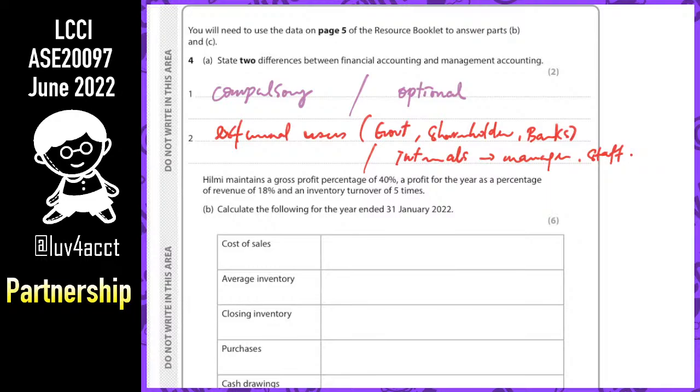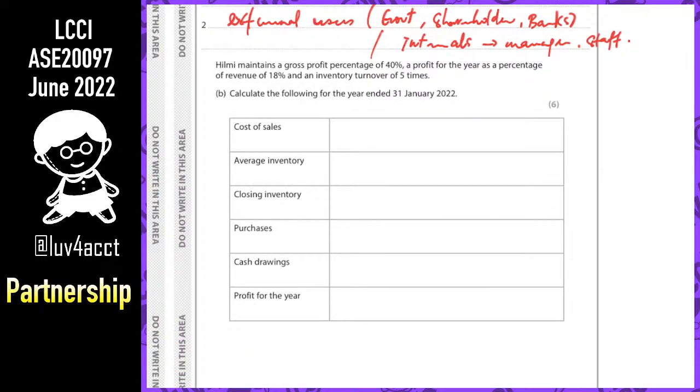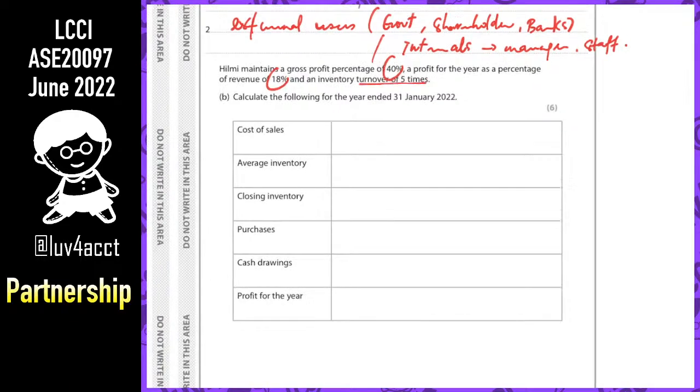So let's see. Hilmi maintains a gross profit percentage of 40%. Profit for the year as a percentage of revenue, 18%. Inventory turnover 5 times. So this is single entry as well as accounting ratios. I hope you know gross profit percentage: gross profit over revenue.